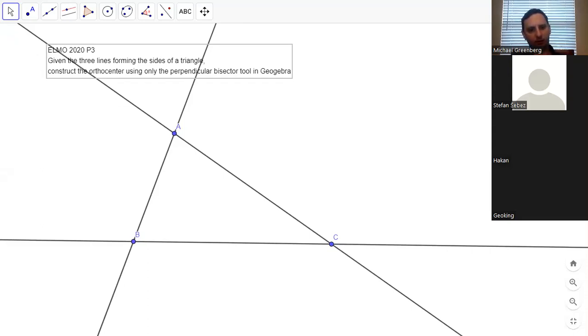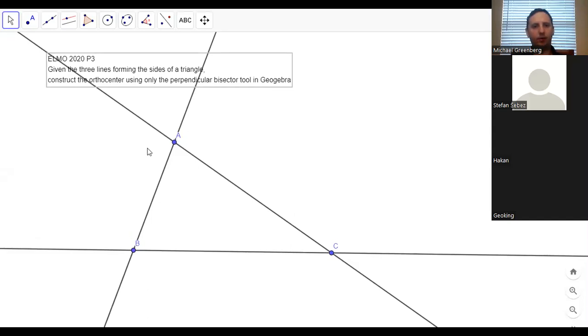Let's think about this. Yeah, we can mark the midpoint of any segment. So like we could mark the midpoints of AB and AC, and then, oh really?